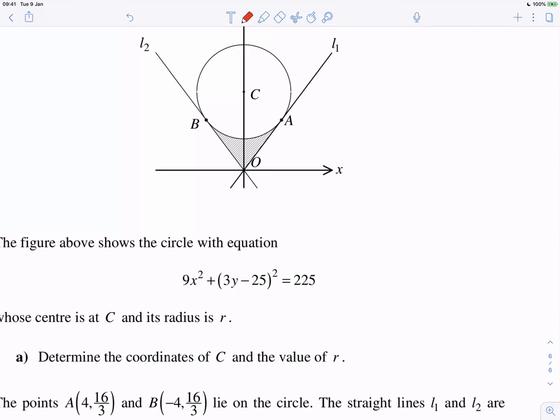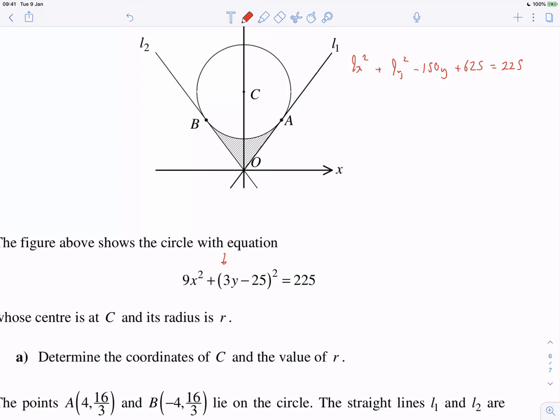Right, so if I expand this, I will get 9x squared plus 3y minus 25 all squared is going to be 9y squared. Minus 25 times 3 is minus 75, double that, so it's minus 150y. 25 squared is 625, and this equals 225.